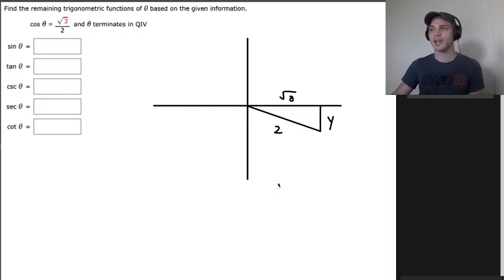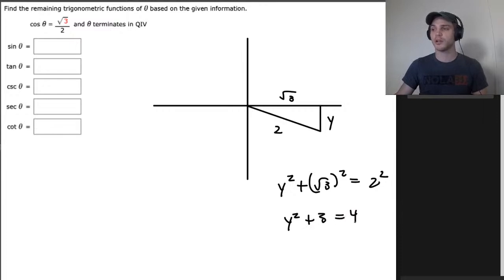So let's use the Pythagorean theorem. y squared plus root 3 squared equals 2 squared. So y squared plus 3 equals 4. We'll subtract 3 from both sides. y squared equals 1.